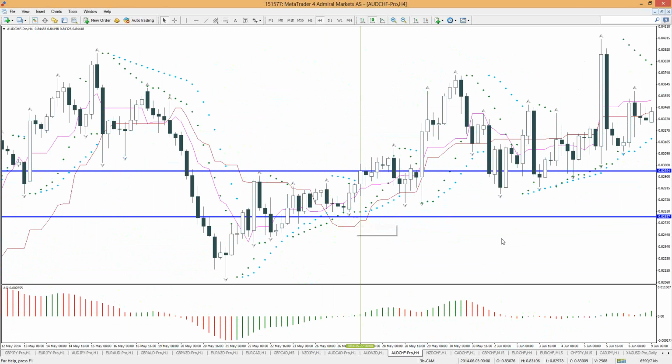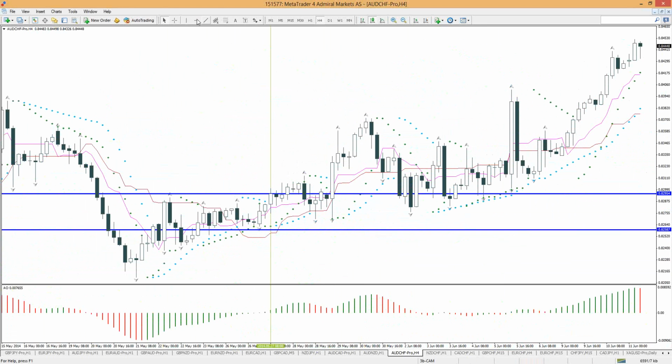And if we wait for the crossover, the exit would be here, again with the close. So we only made 5 pips, which is not much compared to the 40 risk. So it's about a break-even trade, isn't it?